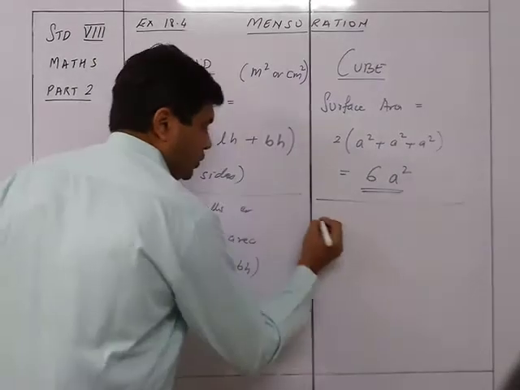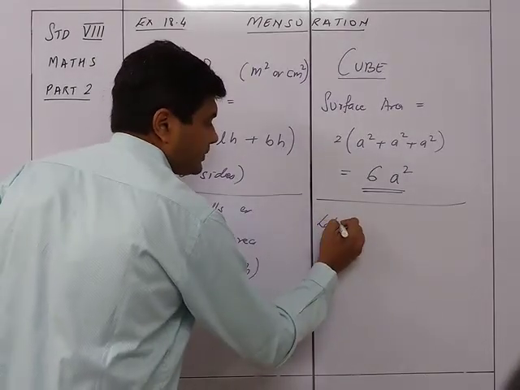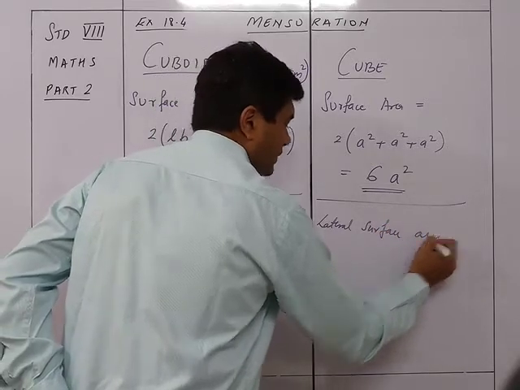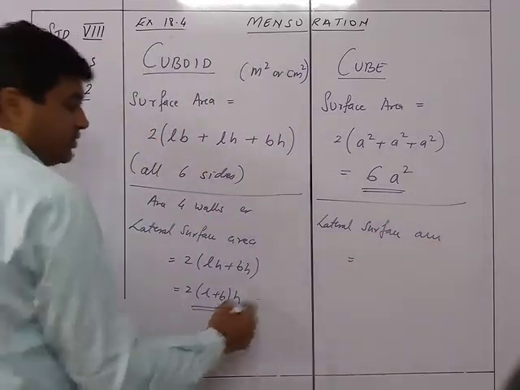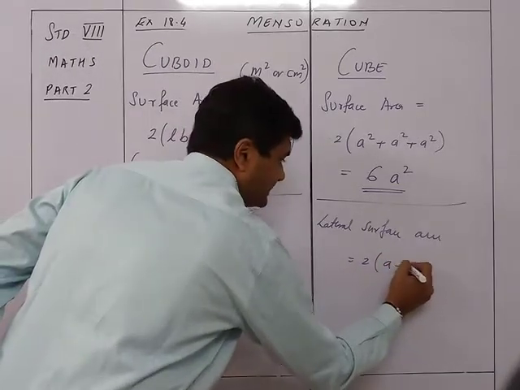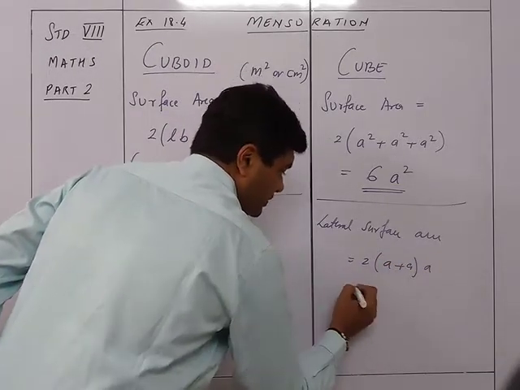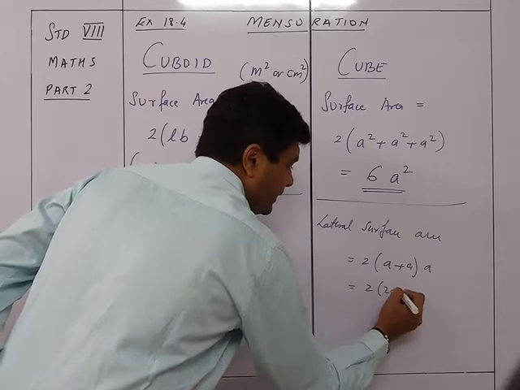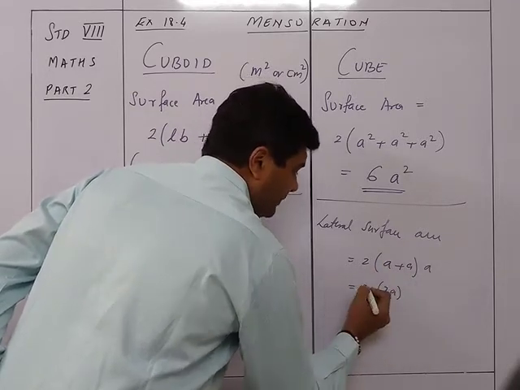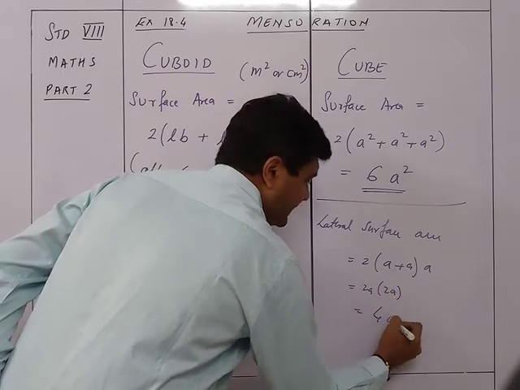In case of a cube, lateral surface area will be equal to 2 into bracket A plus A, into A. So there will be 2 into 2A, 2A into 2A is equal to 4A square.